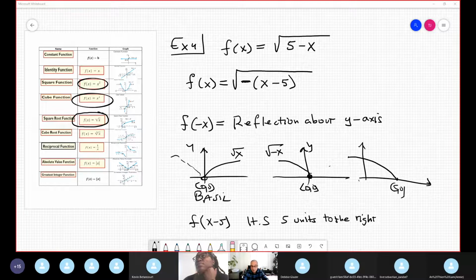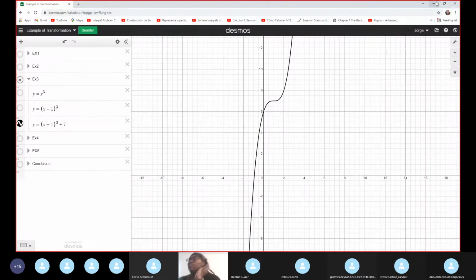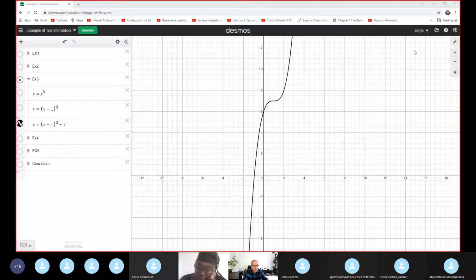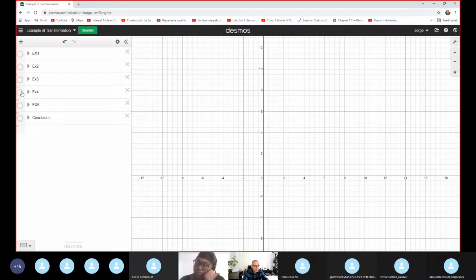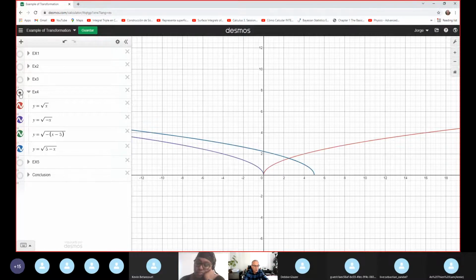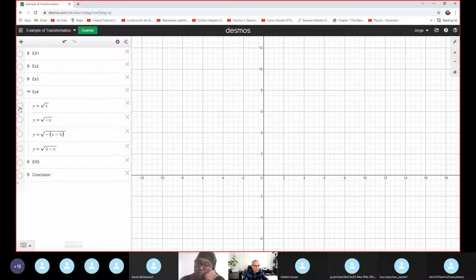Okay, so now, Desmos. Boom. Do you see Desmos? I suppose, right? This was the previous example. Now, example 4, we have, look, square root. Step by step.